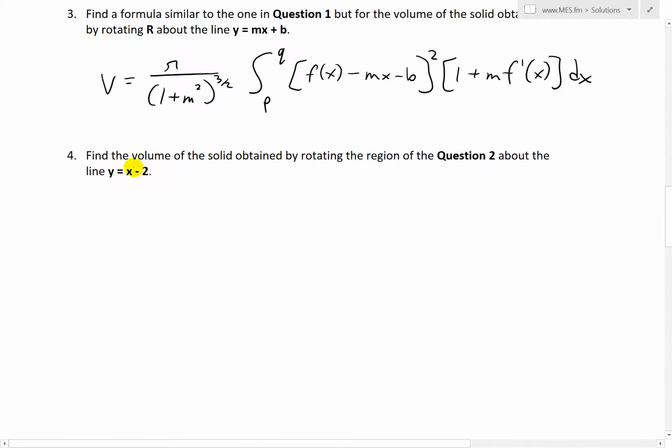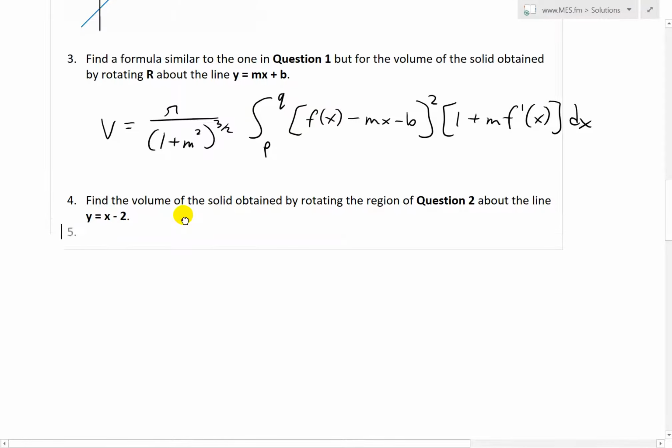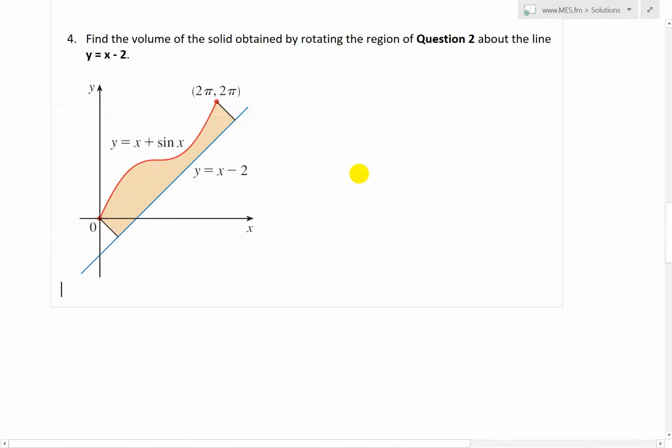Question 4 just states, find the volume of the solid obtained by rotating the region of question 2 about the line y equals x minus 2. So that's this region right here. If I copy and paste it about here, just to show you what I mean, when we rotate this, we get a volume. So rotate this symmetrically across like that.